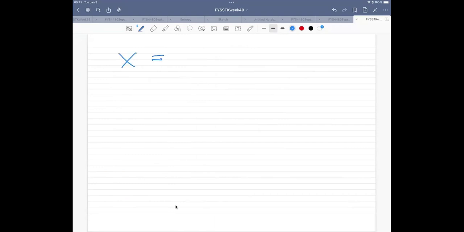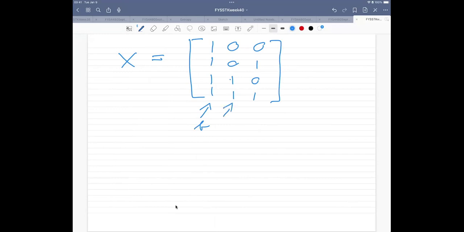X is then going to be given by 1, this is the intercept. I have 4 cases: 0, 0; 0, 1; 1, 0; and 1, 1. So this corresponds to b, that's the intercept column. This corresponds to the x1 feature, and this to the x2 feature.